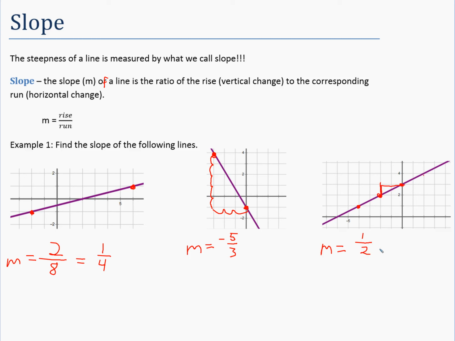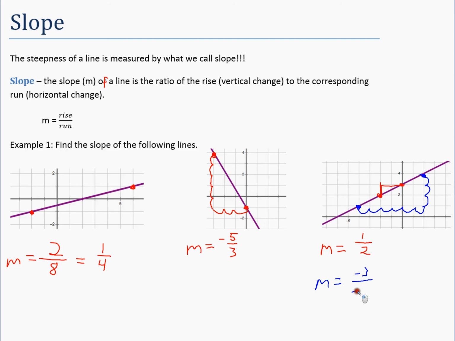Just sticking with this one for a minute longer. Let's say we chose this point. I'll change the color here. This one and this one. And let's say we started with this point here. It's the same line, so it should have the same slope. I'm going to do my rise, which is 1, 2, 3, and I'm going down 3, so that would be negative 3. And then I'm going left 1, 2, 3, 4, 5, 6.